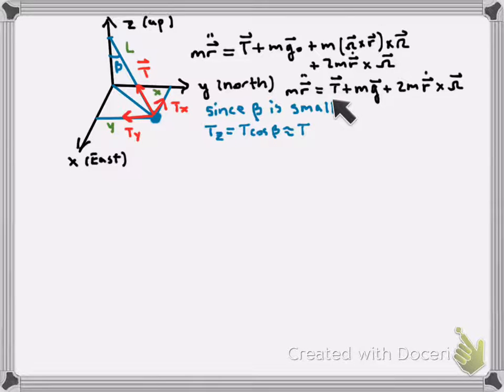Also, for slow oscillations, we have v is going to be small and omega is small, and so this Coriolis term will be small relative to the mg and the T terms, and r double dot will also be small. It won't be swinging very quickly, and so the magnitude of T is going to be about equal to the magnitude of mg.